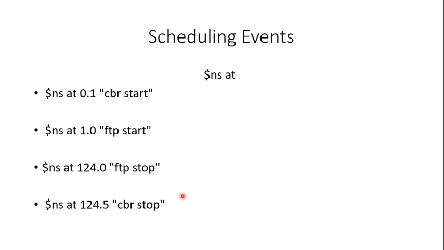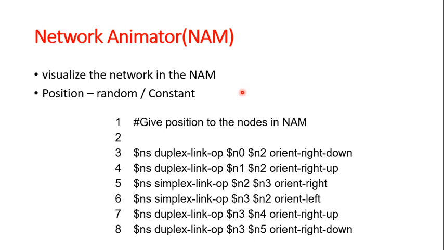The same is stopped at 124.5 seconds. So at 124.5 seconds you are stopping that CBR which was started at 0.1 second. Again, as usual, at 1 second you started the FTP service, and you stopped it at the 124th second. So like that you can schedule based on the time series by using this at command or at keyword. That's all about scheduling the events.